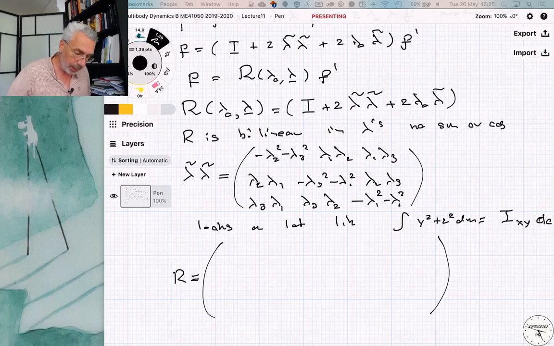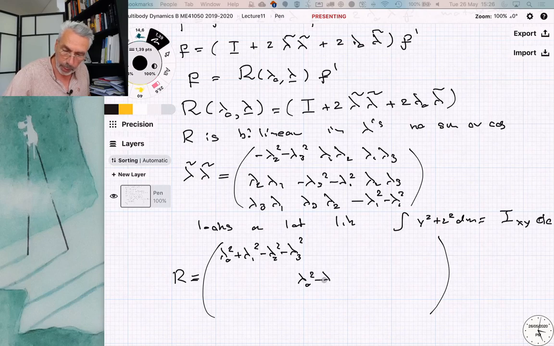We still have 5 minutes, so it starts with lambda 0 squared plus lambda 1 squared minus lambda 2 squared minus lambda 3 squared. Then the second diagonal is lambda 0 squared minus lambda 1 squared plus lambda 2 squared minus lambda 3 squared. And you see again that it's very systematic here too.